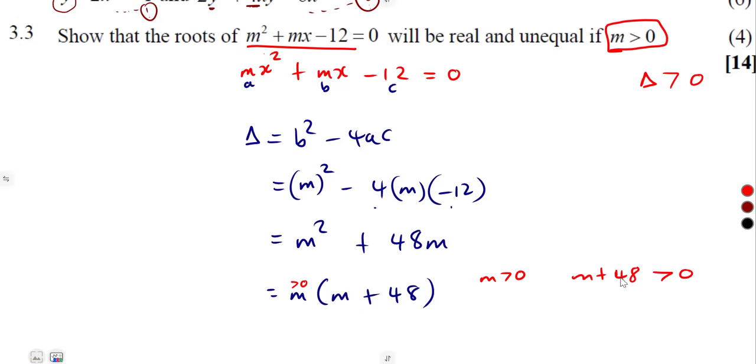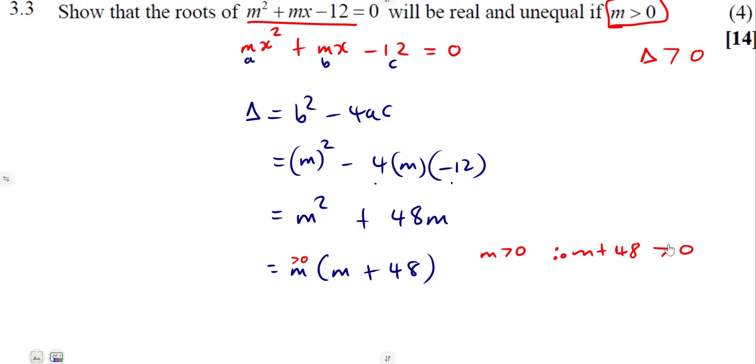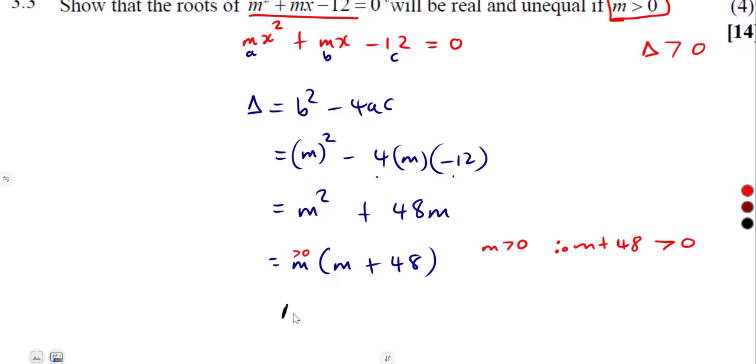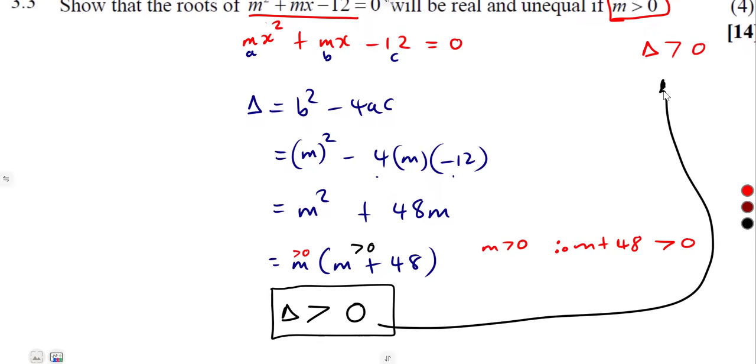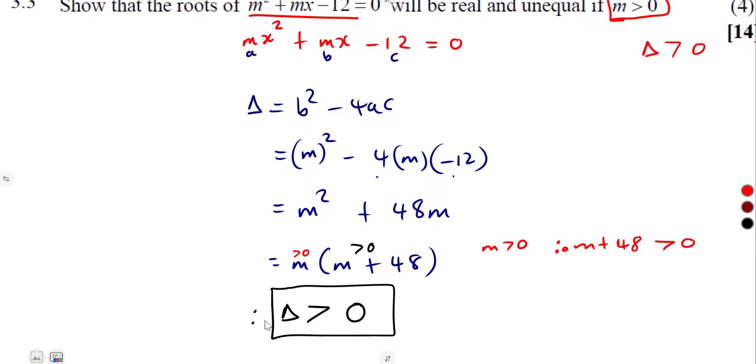We are adding 48 to a number which is already greater than 0. So definitely m plus 48 is greater than 0. So therefore our delta is greater than 0, because this is positive and this is also positive. If delta is greater than 0, it means our roots are real and unequal.